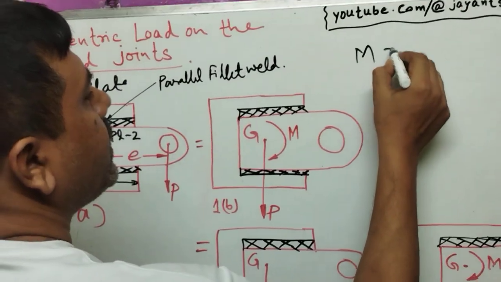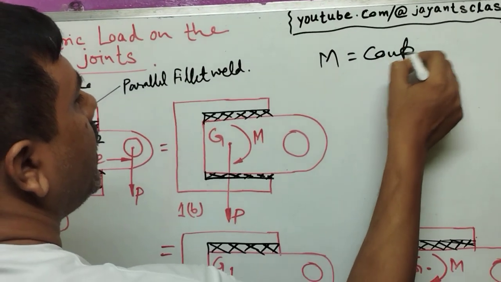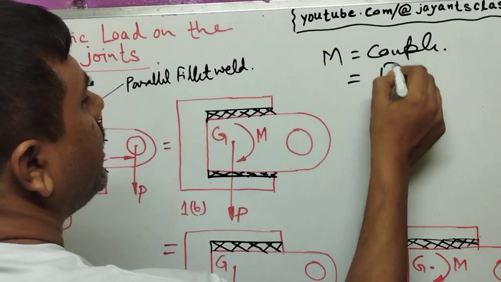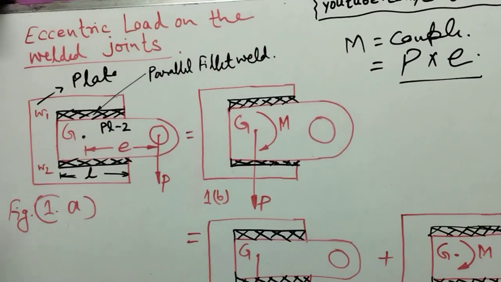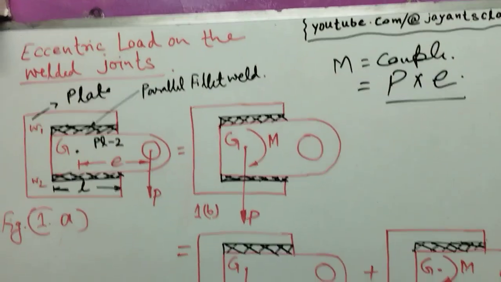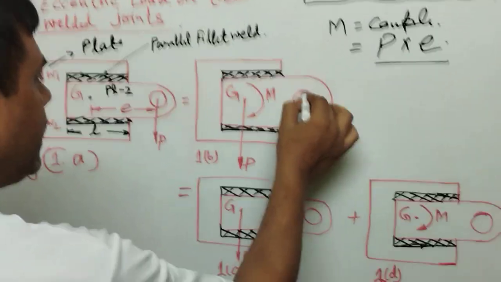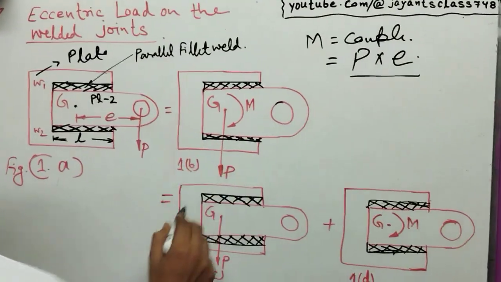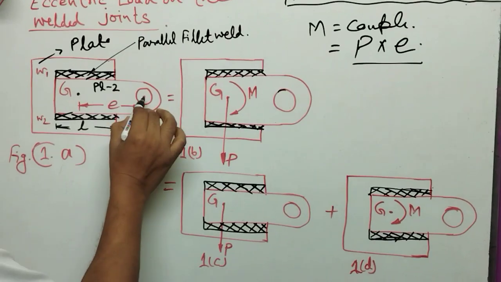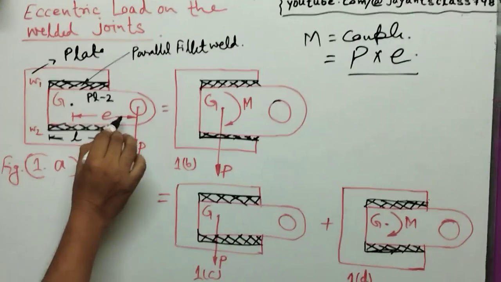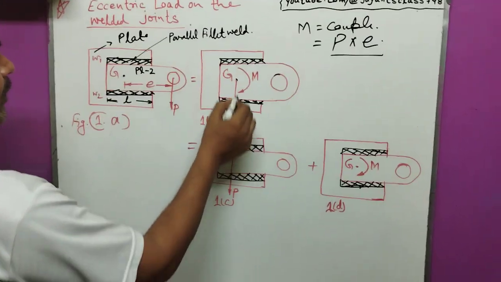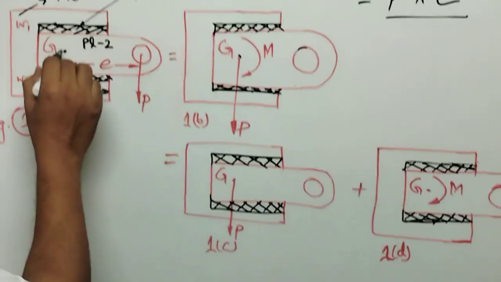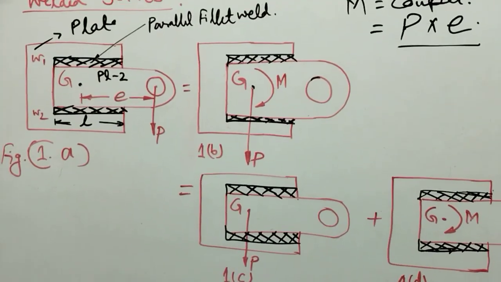M is known as the couple, whose value is force into eccentric distance. This balances the force: the force P is applied at eccentric distance E, and we put the force P at the center of gravity G.